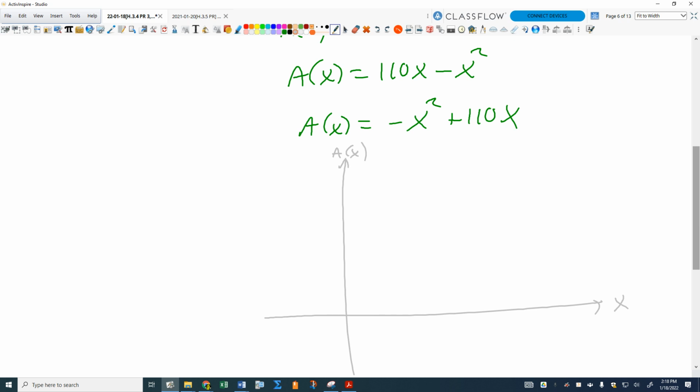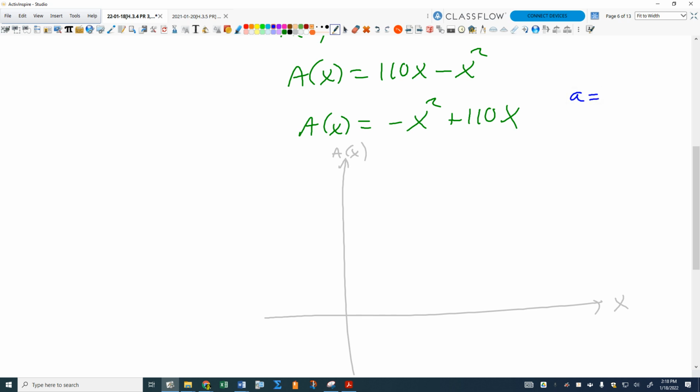Okay, so then we can do this. What's our recipe for finding the vertex? What form is this in right here? Standard form. Okay, so what are the values of A, B, and C? Let's see. Ashley, help us out here. What are the values of A, B, and C for this function?